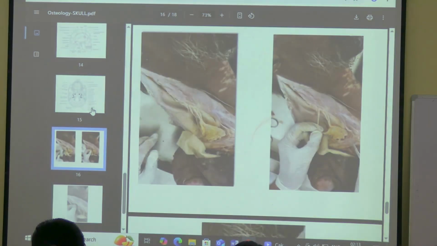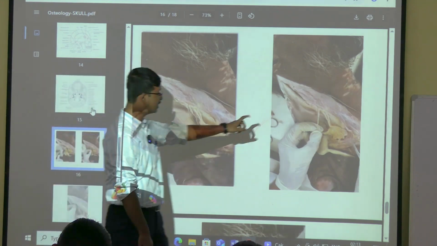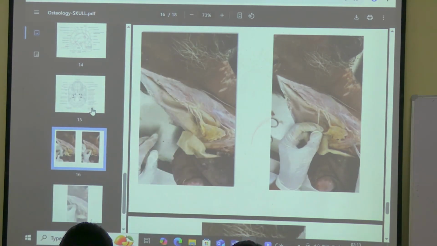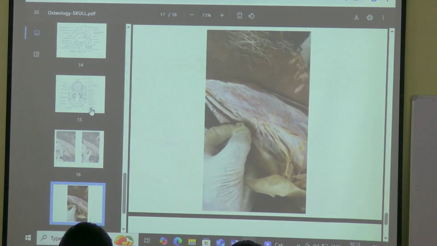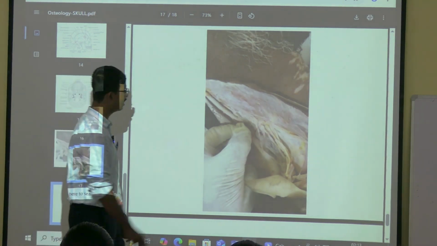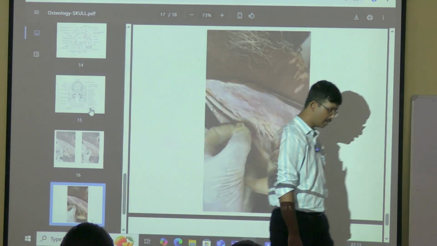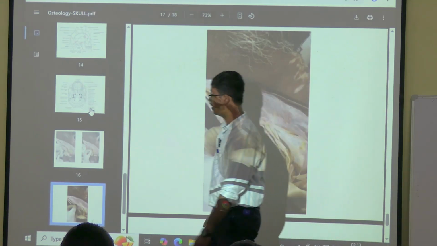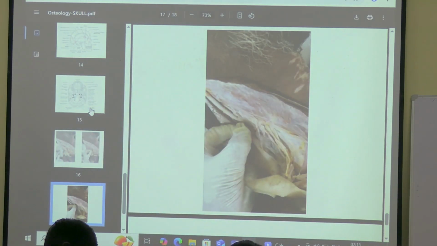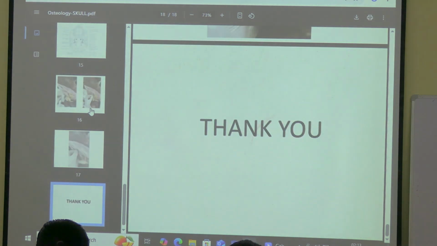Other than the boundaries of the posterior triangle of the neck, at least these 3-4 structures you need to memorize. That is why I am showing this again. Whenever you go to the dissection, try to see it by yourself. Okay, that's all.